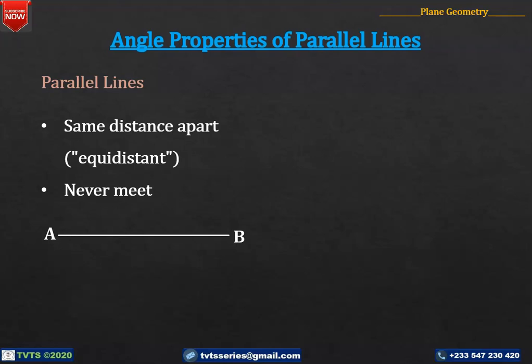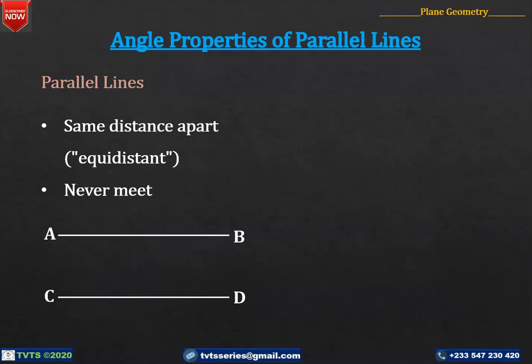For instance, if the lines AB and CD are two straight lines maintaining an equal distance apart, known as equidistant, then they will never meet or cross each other. In that case, the straight lines AB and CD are said to be parallel to each other.